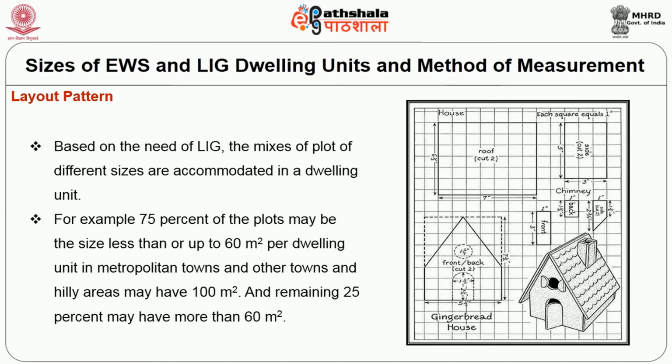For example, 75% of the plots may be of size less than or up to 60 meters squared per dwelling unit in metropolitan towns, and other towns and hilly areas may have 100 meters squared, and the remaining 25% may have more than 60 meters squared.